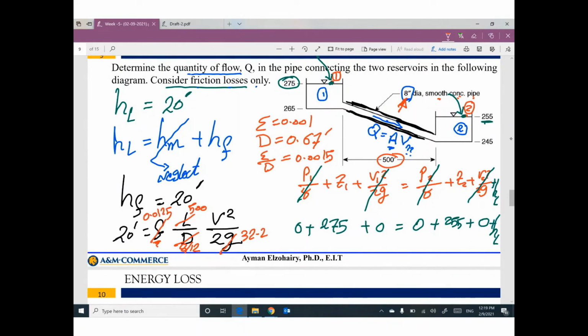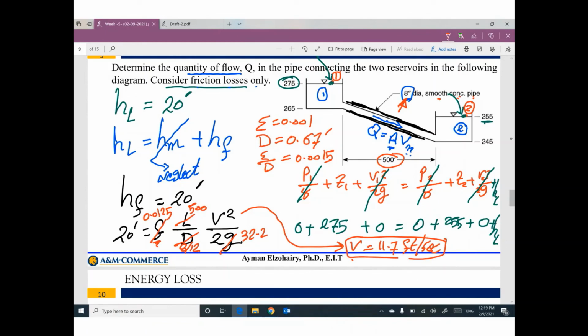The only unknown in this equation is velocity. I can figure it out: 0.0125 times 500 divided by 0.67, divided by 2, times, square root. This velocity will be 11.7 feet per second.